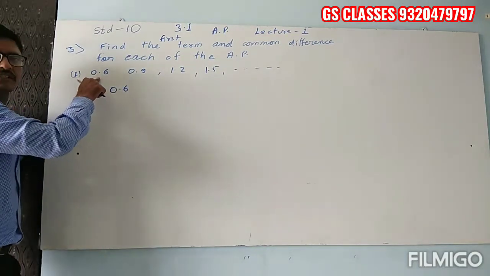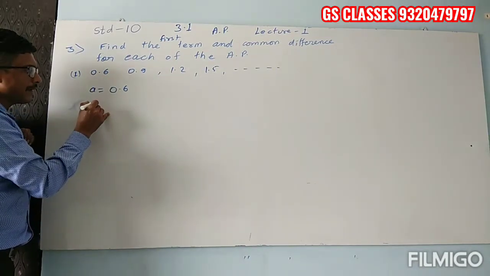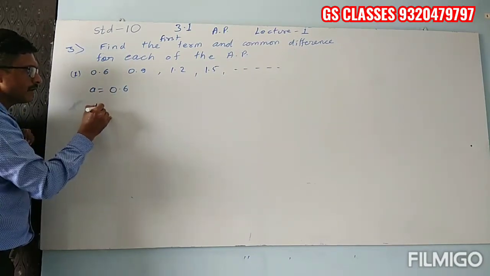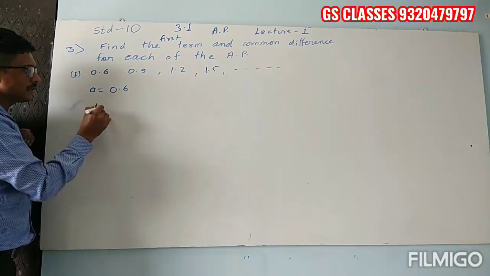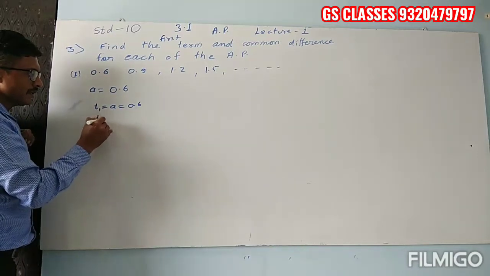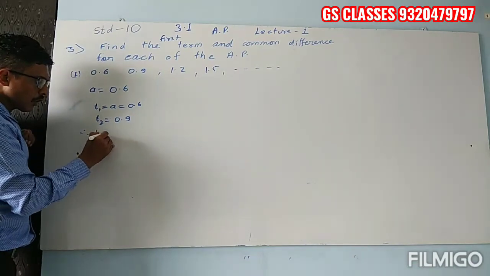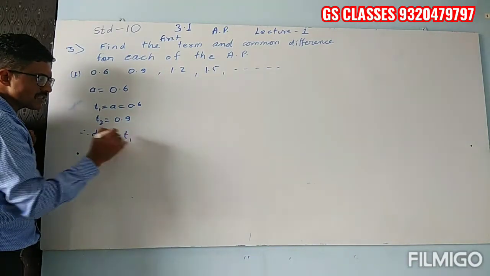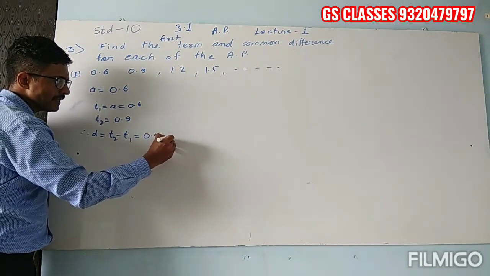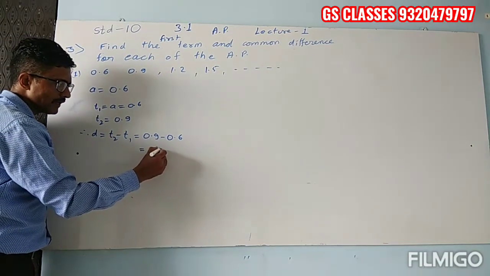That is always our first term. Common difference is obtained by writing any term. Now since A is this much, I can say T1 equals to A, which is 0.6. T2 is 0.9. So common difference will be T2 minus T1. T2 is what? 0.9 minus 0.6. The answer is 0.3.